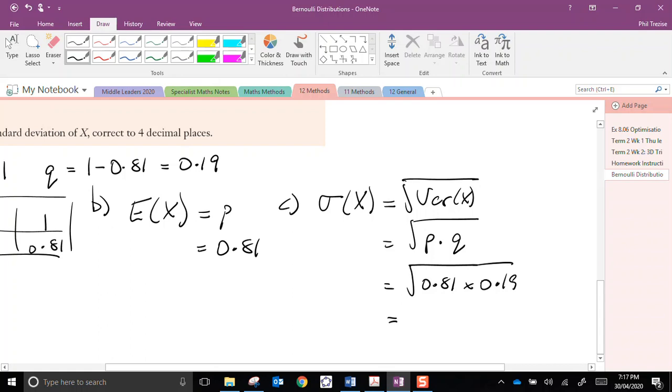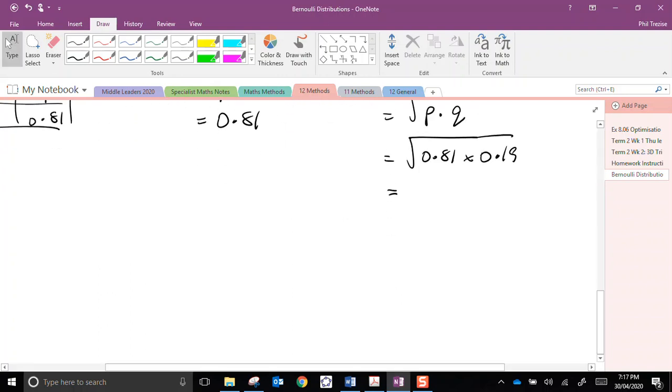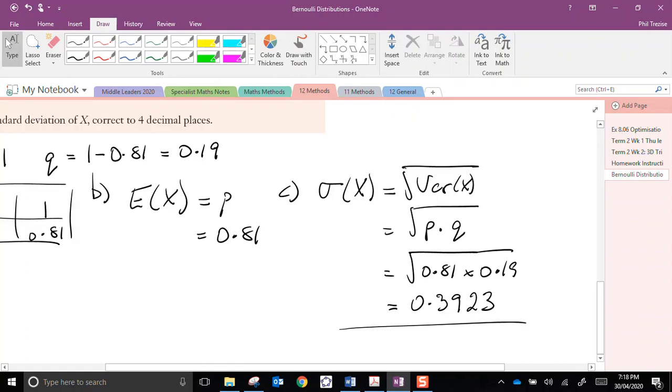Probably would have helped if I'd worked that out earlier, wouldn't it? Well, just bear with me for a minute. Now, they did say 4 decimal places, which seems a little excessive to me, but hey, who am I to argue? So I've got 0.3923. That's the standard deviation of this distribution.